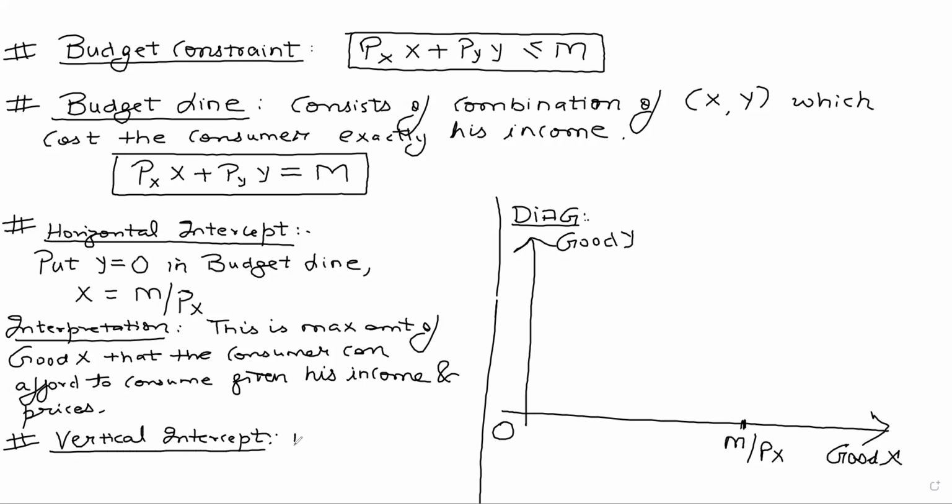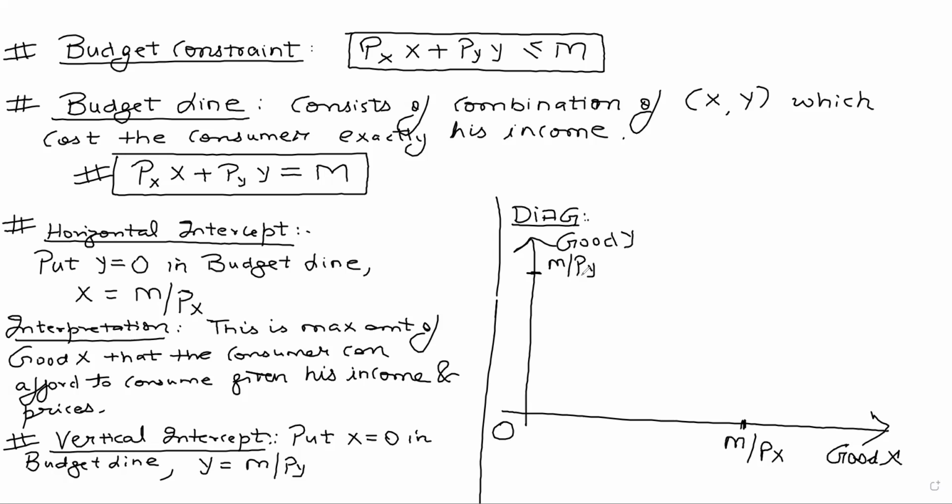Put x equal to 0 in the budget line. So if I put x equal to 0 in this, I get y as m by py. So I get y as m upon py.